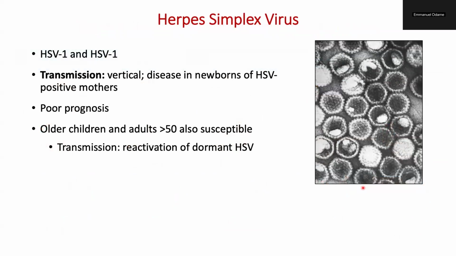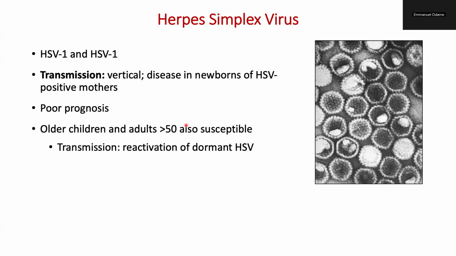So now let's talk about the herpes simplex viruses, which is basically HSV1 and HSV2. Their mode of transmission is vertical. They are known to cause diseases in newborns, which is mostly if you have an HSV positive mother.